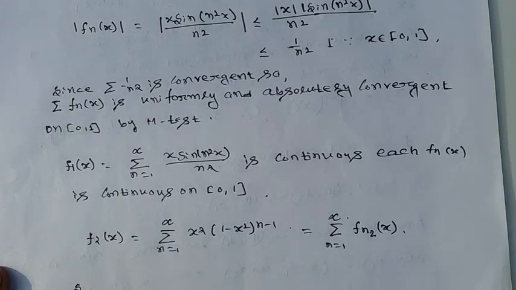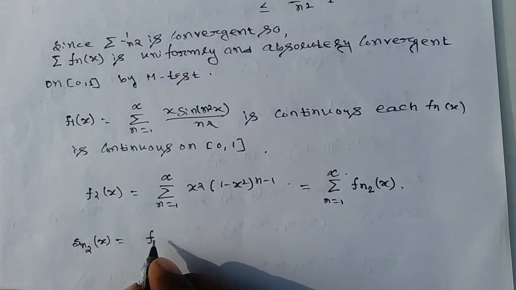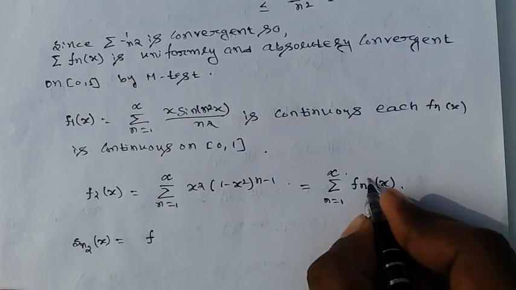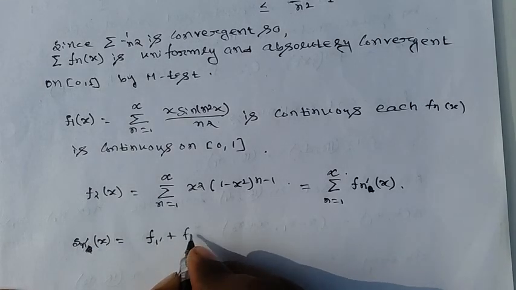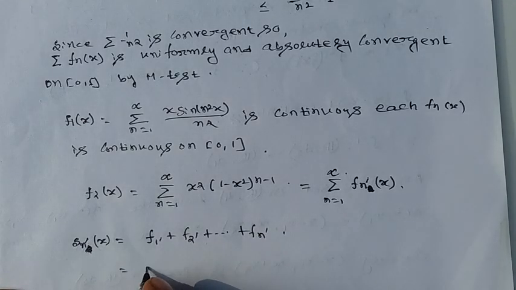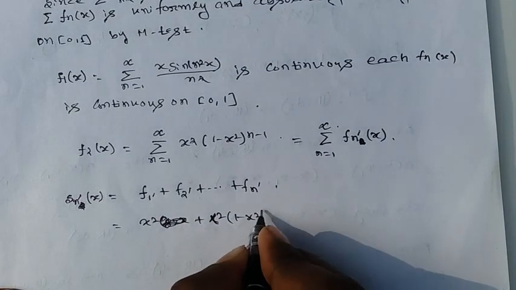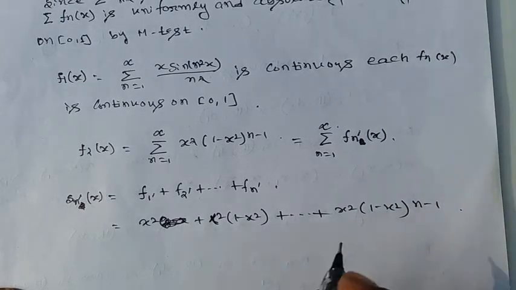Now we take the partial sum function Sn(x), which is f1 plus f2 and so on up to fn, and this is equal to x squared plus x squared (1 minus x squared) plus dot dot dot plus x squared (1 minus x squared) to the power n minus 1.